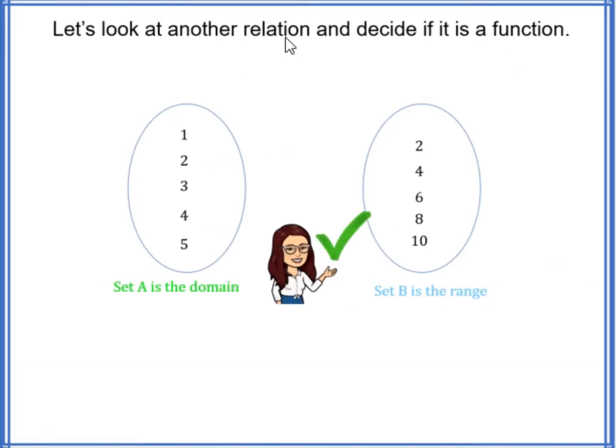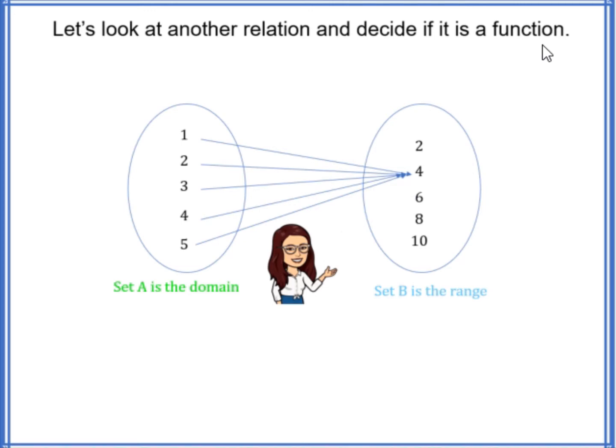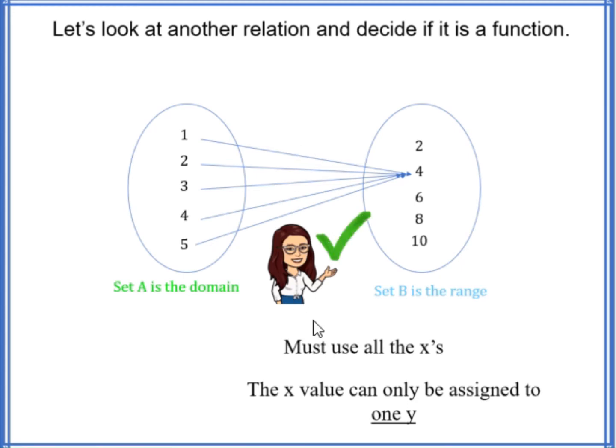Let's look at another relation and decide if it is a function. Set A is the domain and set B is the range. Here we have 1 paired with 4, 4 paired with 4, 2 also paired with 4, 5 paired with 4, and 3 also paired with 4. For it to become a function, it must use all the x values, and each x value can only be assigned to one y value.